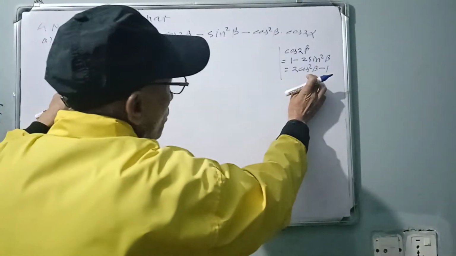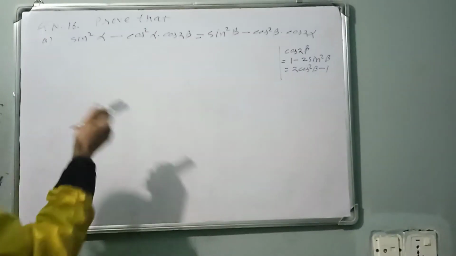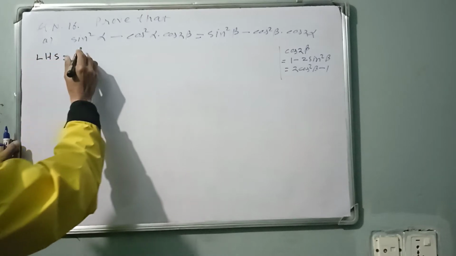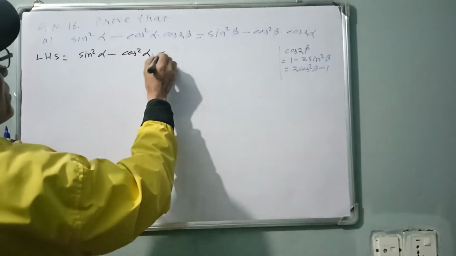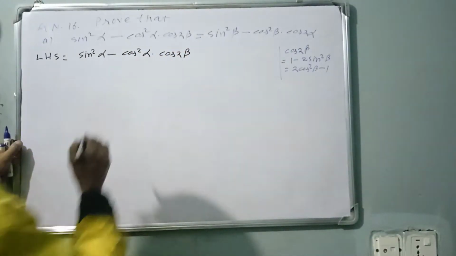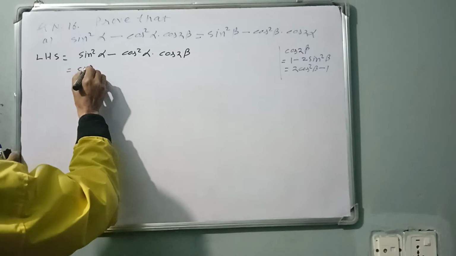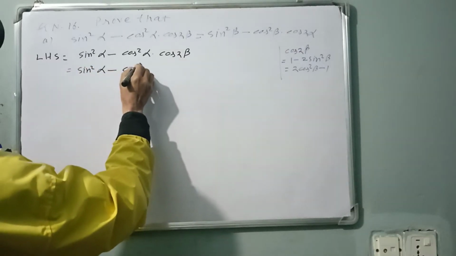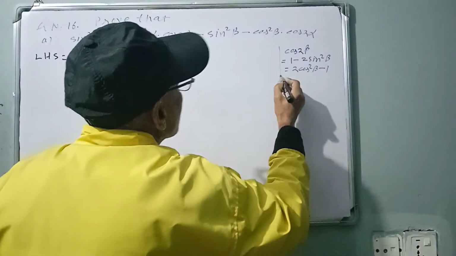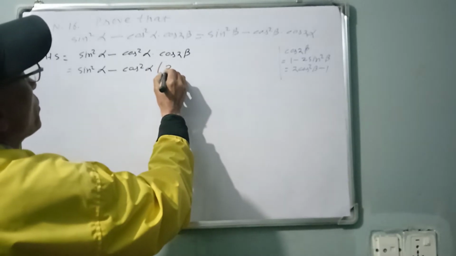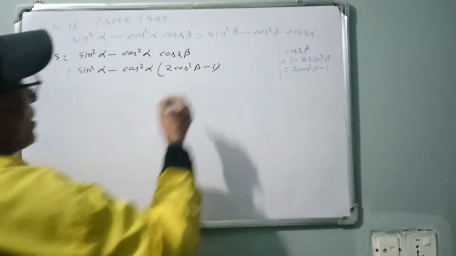Here there is a minus, so if we put cos, then after opening the bracket 1 comes. The left hand side is sin square alpha minus cos square alpha into cos 2 beta. Which formula to use? You have to think immediately. Use the formula so that after opening the bracket 1 comes. So which formula? 2 cos square beta minus 1. Why?